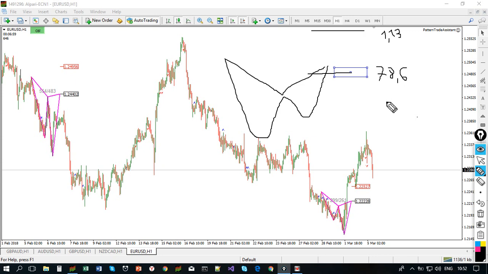So this way we have a kind of unified pattern: the 786 bad, 786 godly, and the 786 cipher pattern. So these patterns should be enabled and should be drawn by your monster pattern search. Okay, this is your valid area. So if reversal takes place within this area, then you enter. If it goes straight through, okay, no trade, no entry, no loss.